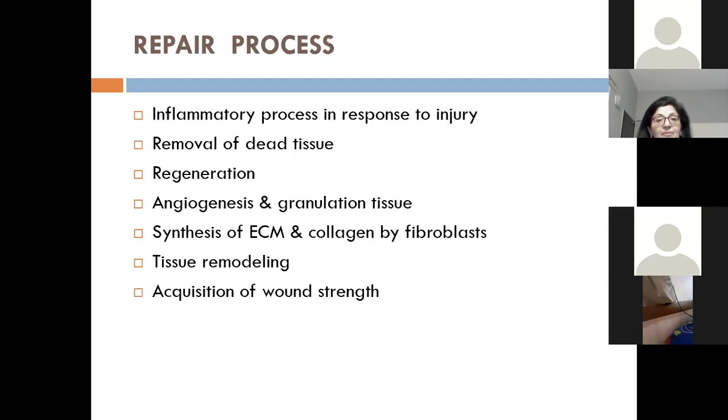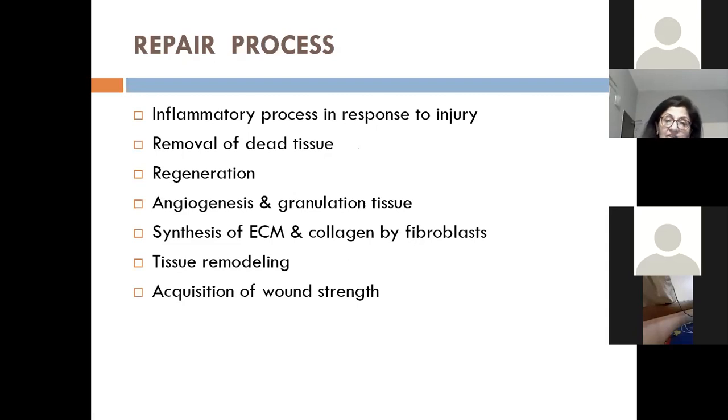So the repair process will include the following steps. The first step is the inflammatory process which was taking place as a part of injury. After that, there was removal of the dead tissue by the macrophages, which were being removed through the lymphatics. Once the process of acute inflammation ends, regeneration of those things which can be regenerated will take place.